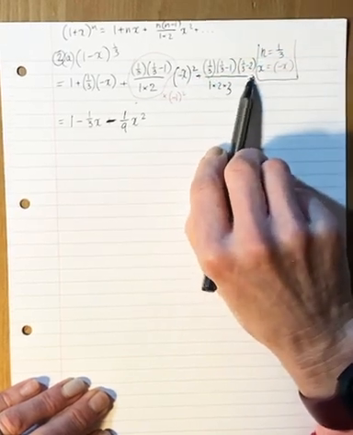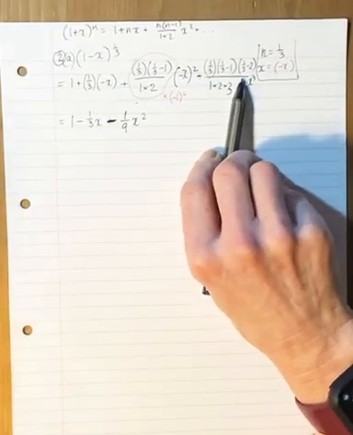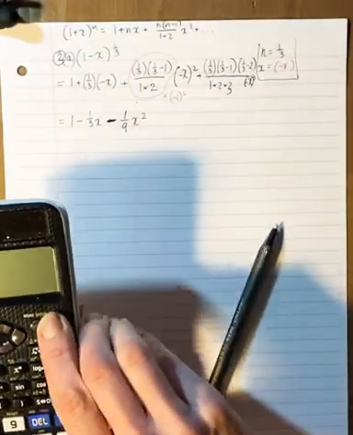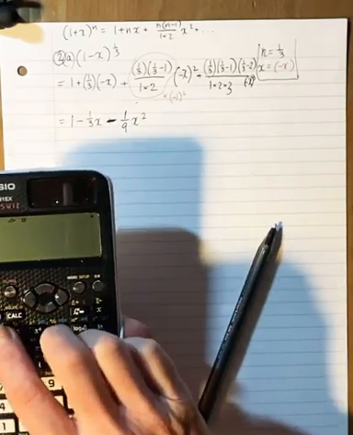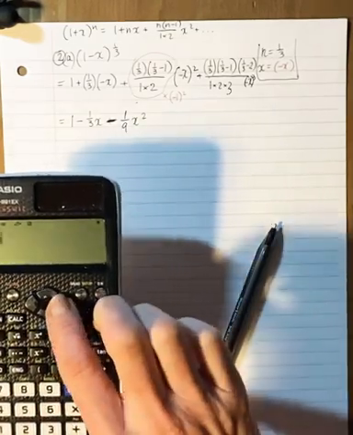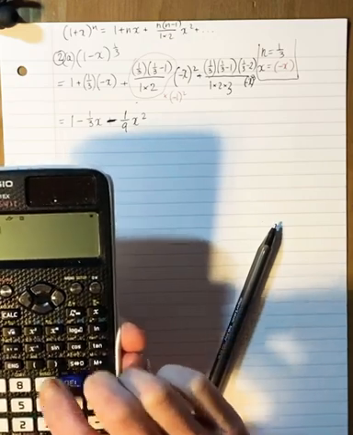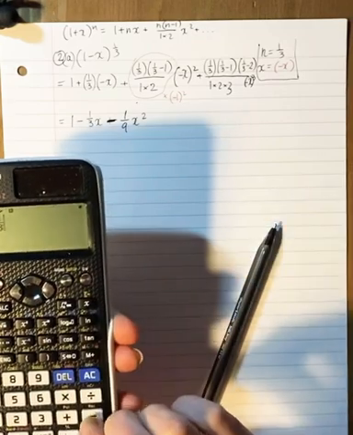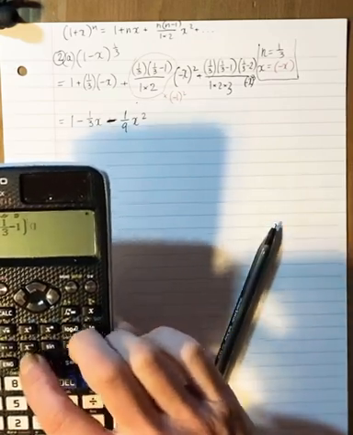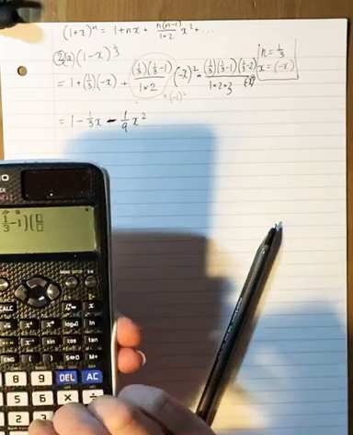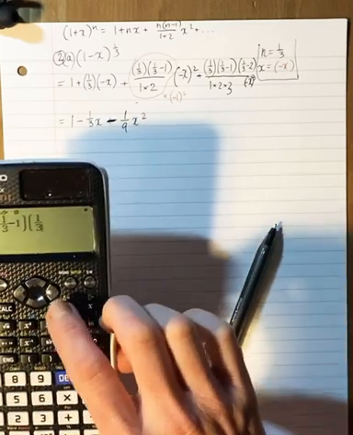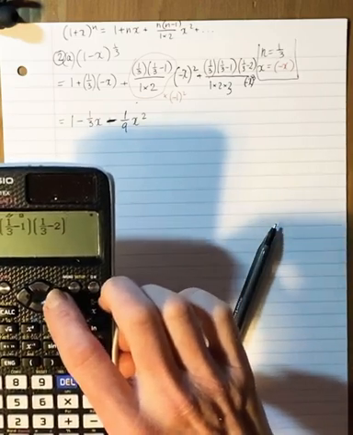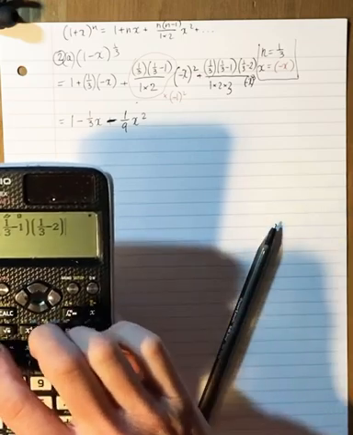And this one here, again, if you tidy it up, let's just actually use a calculator. I forgot to put minus x cubed. So let's do it. You're going to put 1/3 multiplied by 1/3 minus 1, and then multiplied by, again, 1/3 minus 2.